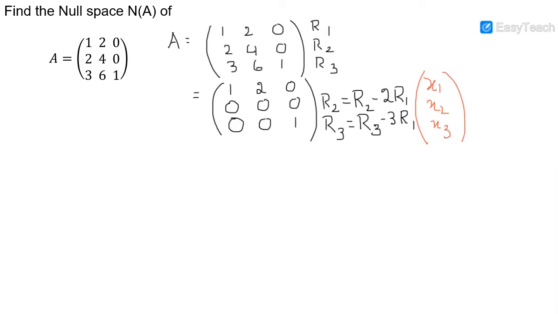here we have two pivotal elements. Corresponding to these pivotal elements, we have pivotal variables x1 and x3. So I can write here the number of pivotal variables is 2.